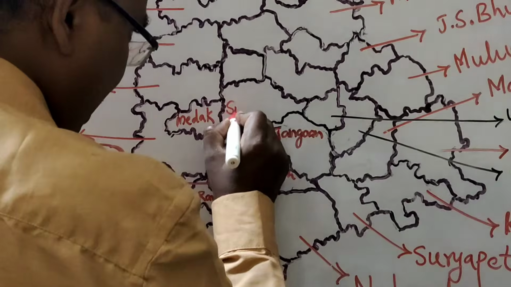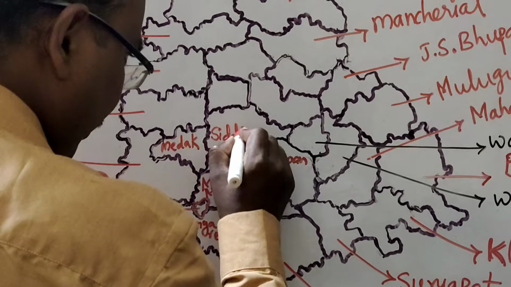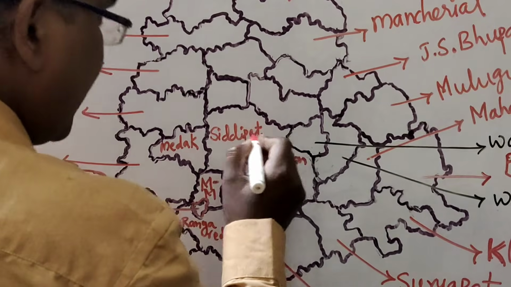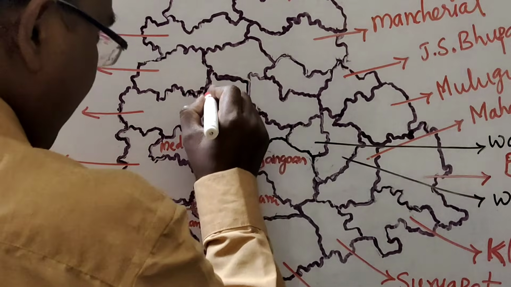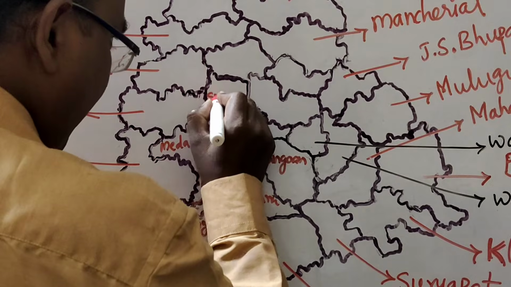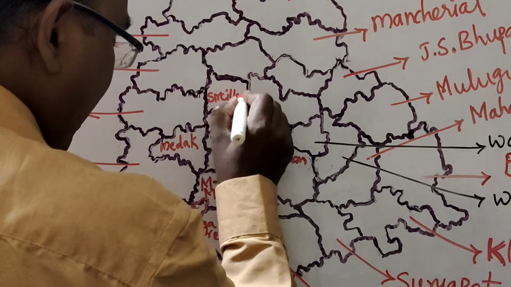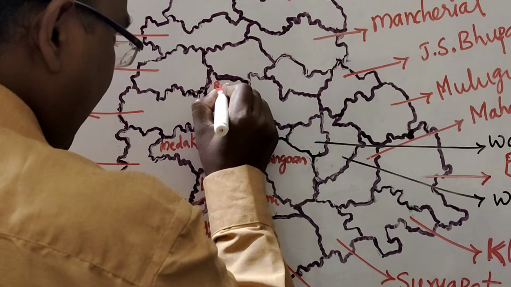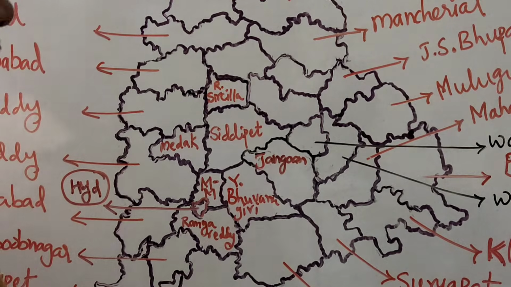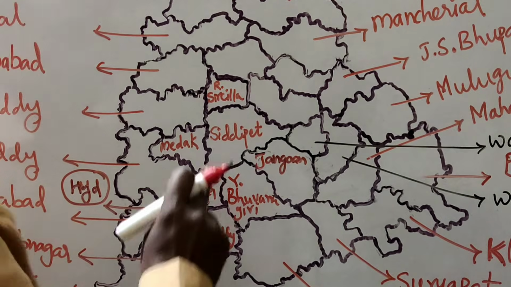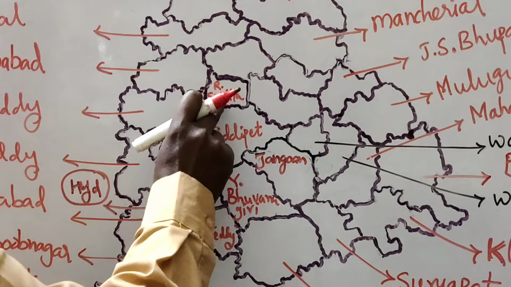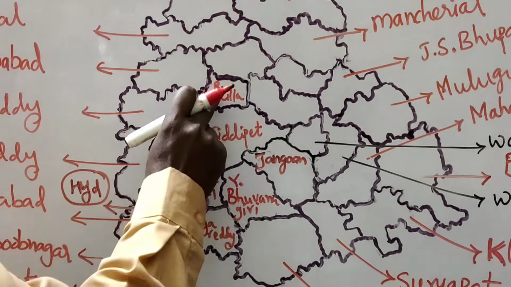This one is Siddipet district. Above this is Sirsilla. It is named after Vemulavada Rajanna, so it is known as Rajanna Sirsilla district. Siddipet and Rajanna Sirsilla.